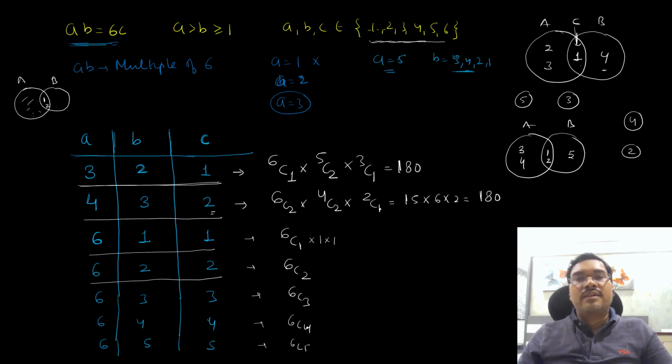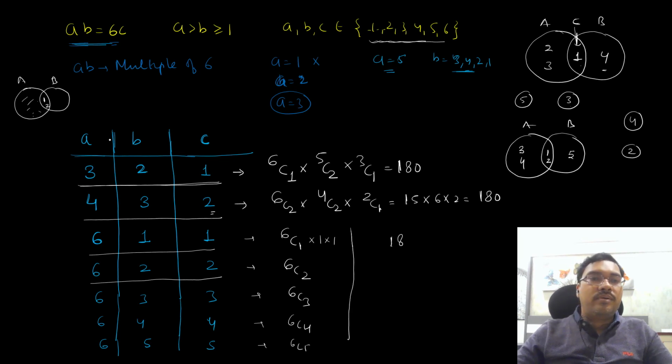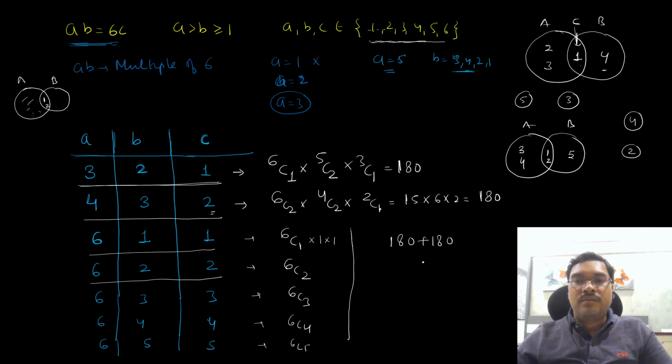Now, what is the final total number of ordered pairs? You can say this is 180 plus 180 plus, and if you observe, the rest is 6C1 plus 6C2 plus 6C3 plus 6C4 plus 6C5.